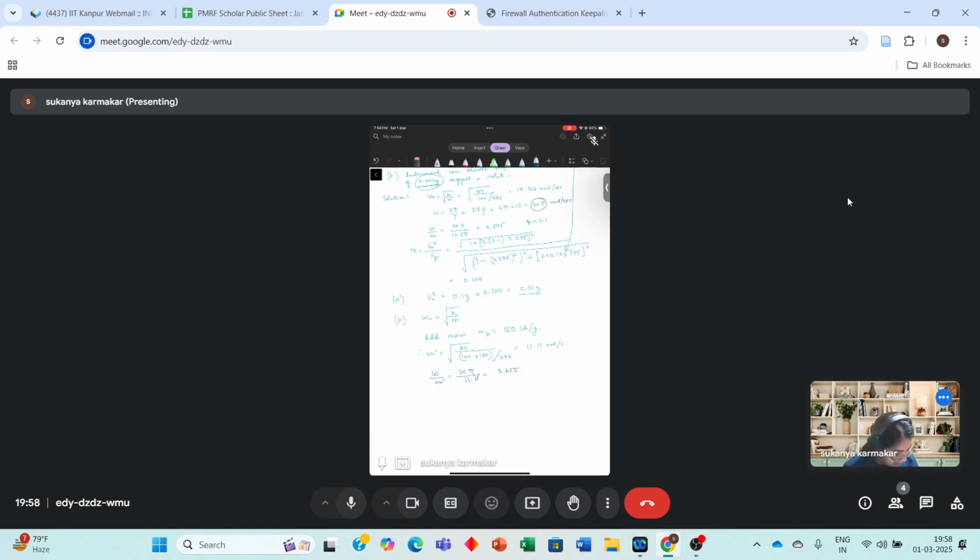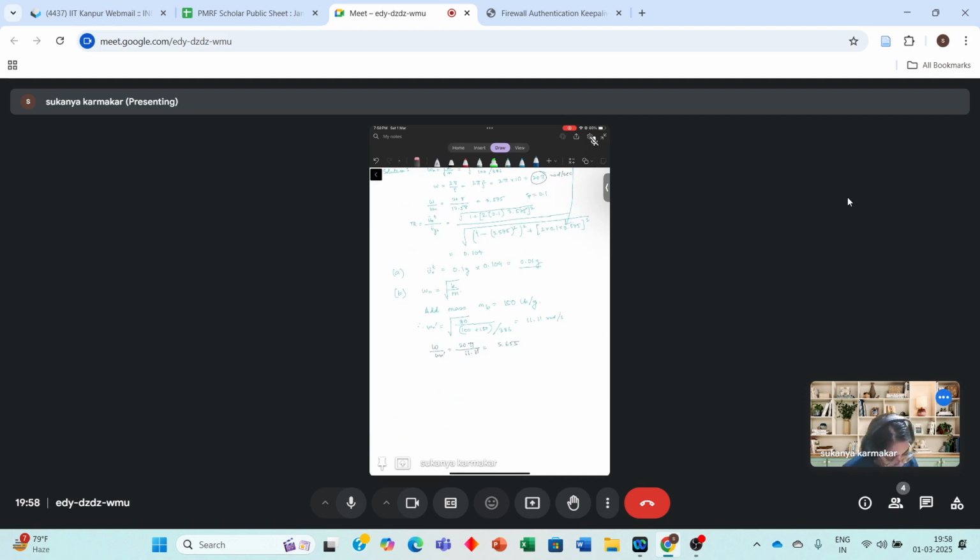For that, let's say earlier the damping ratio zeta was 0.1. Now we know that zeta is equal to C by 2m omega n. From there, you can calculate the C of the system.